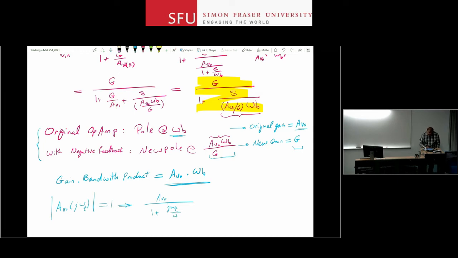But I'm looking at the amplitude, so this is squared, and the square root of that is 1. But ωT is much, much higher than ωB. You're talking about high frequencies now. So you can see that ωT, at the end of the story, if you do the math, you can ignore the 1 here, and ωT is just equal to AV0 ωB.